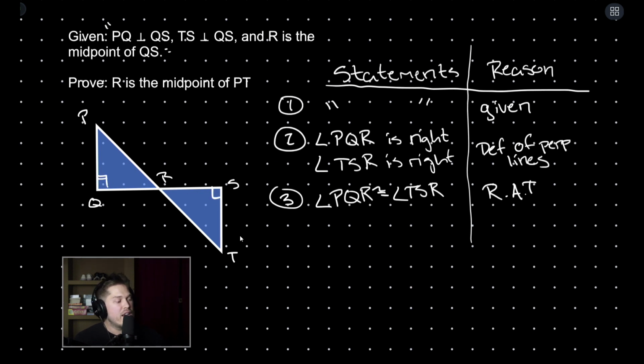Excellent. Let's go back up to our given. What does our given also tell us? It says that R is the midpoint of QS. So next we can say that, hey, segment QR is congruent to segment RS, and that's by the definition of midpoint.